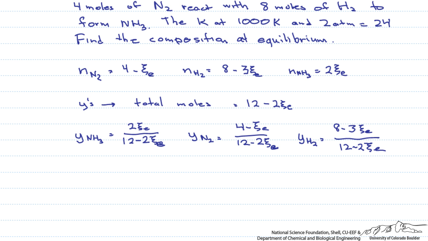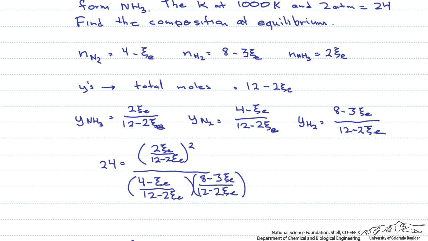So here are our mole fractions at equilibrium. We can put them into our equilibrium expression. This is what it looks like. However, you have to be careful because remember we have that pressure term. So this whole thing has to be multiplied by 1 over P squared.